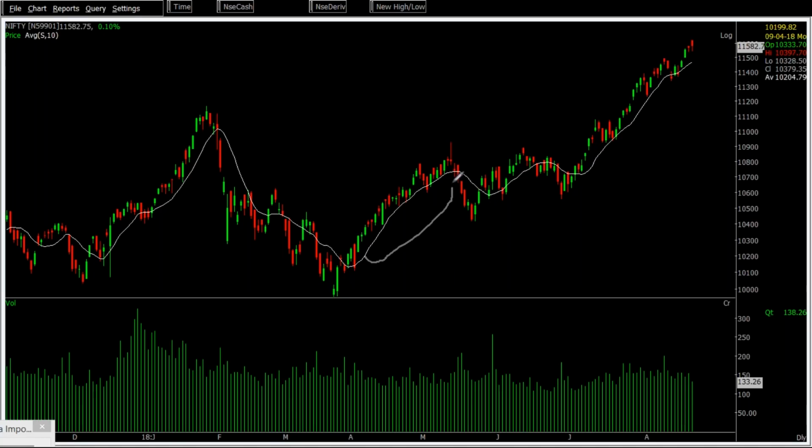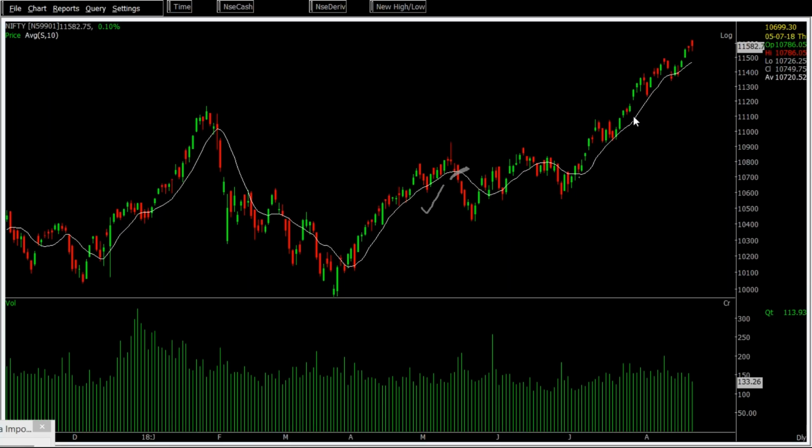So this area, we can decipher as something where the importance of this particular moving average is coming about pretty nicely. You see, it is really acting as a support line, a dynamic support line, and eventually when the support line is breaking, there is a correction that follows, right? So the 20 moving average is very important in this case.